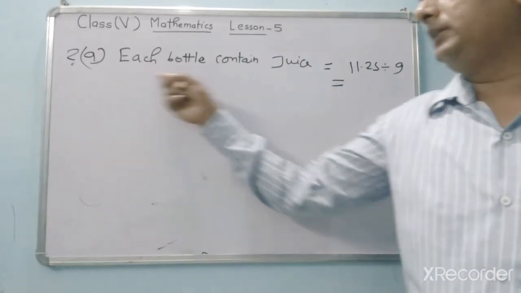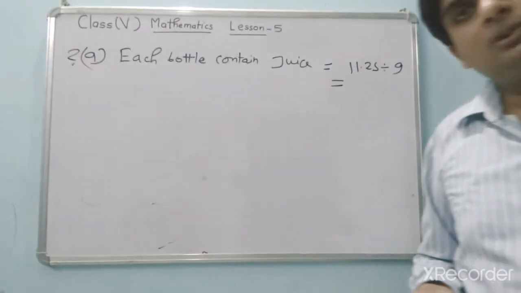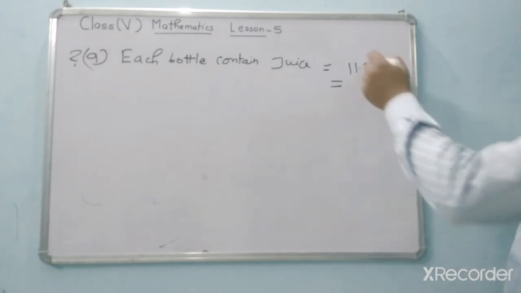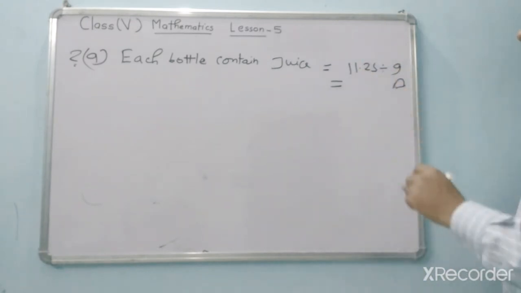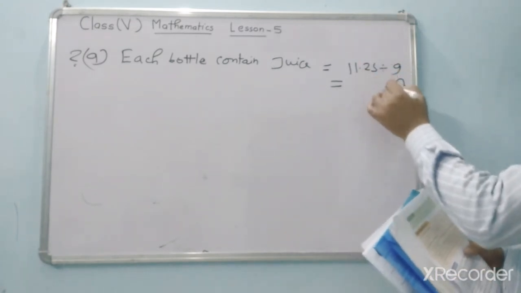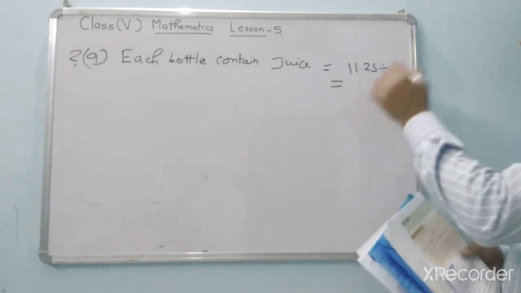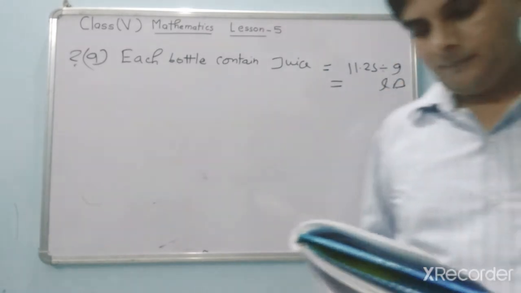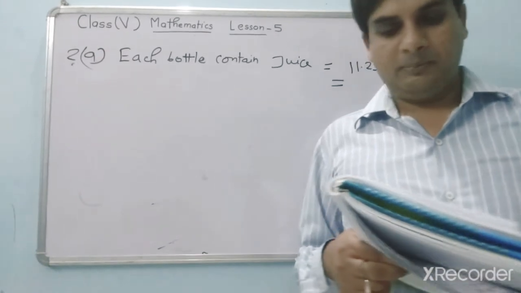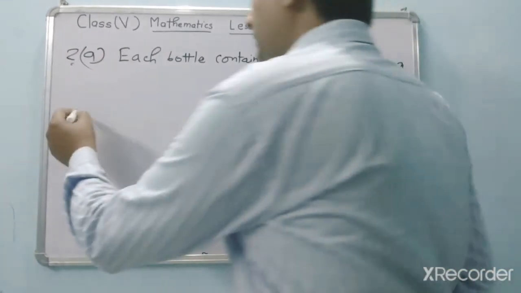Then you will get the quantity of juice each bottle contains. Then divide, what will come? That will be the answer. The answer will come in what? Liters, that many liters. So you should remember all of it. Now question number B.